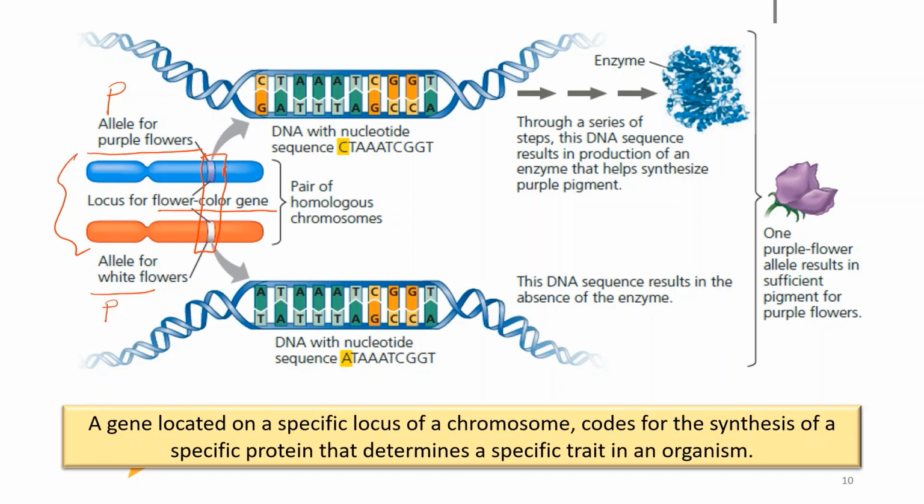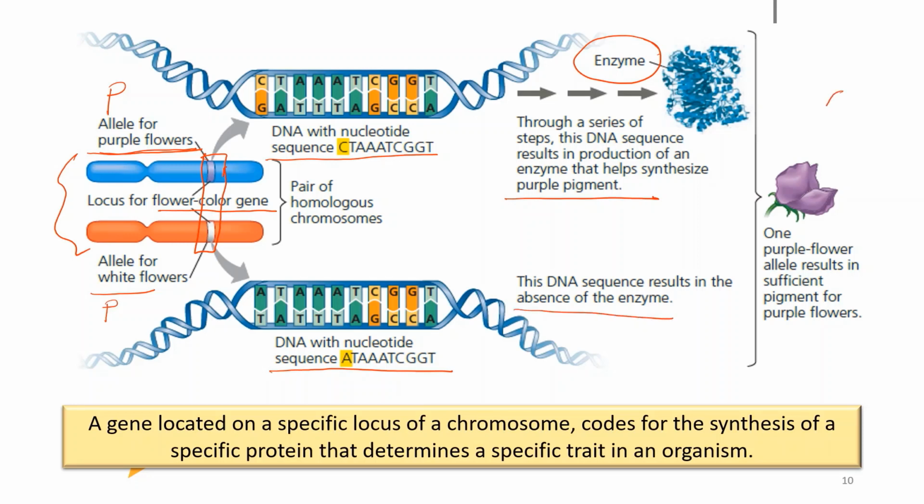So the allele for purple flower will have a DNA sequence that is different from the DNA sequence for the recessive allele. The purple flower allele will lead to the expression of an enzyme involved in the synthesis of purple pigment, while the recessive white allele will result in the absence of the enzyme.